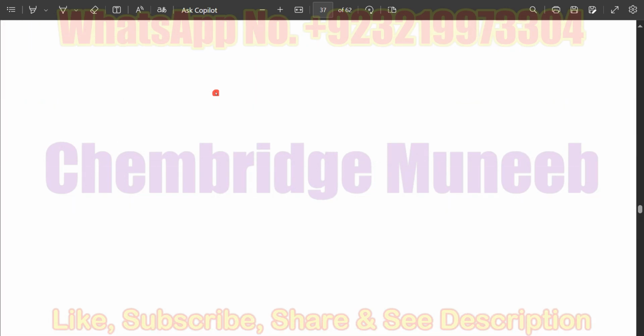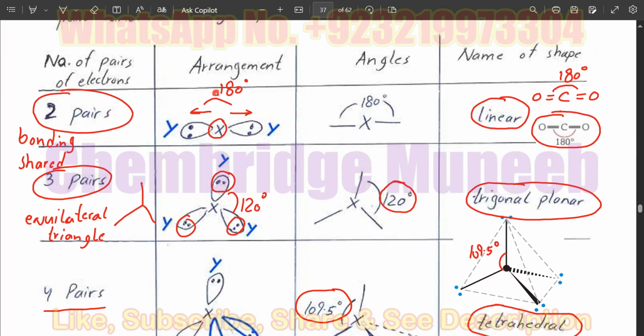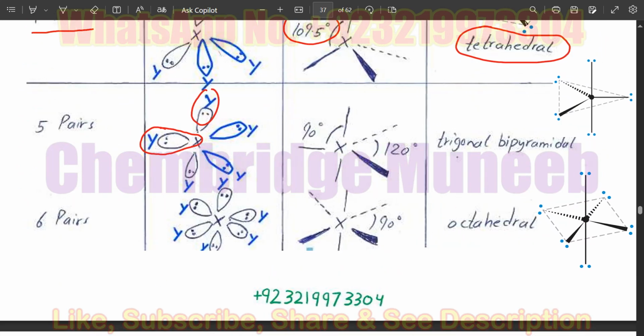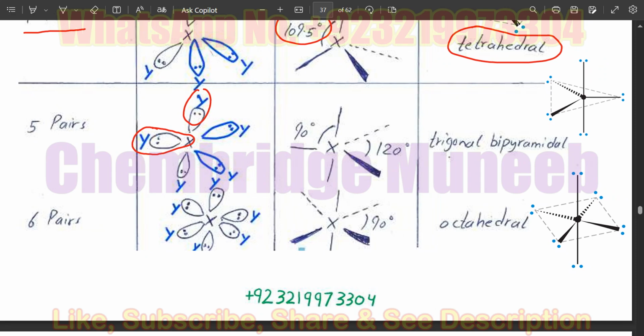Okay, now the next type is the one in which there are 5 pairs of electrons around the central atom. 5 pairs of electrons. Now in this case there are 2 types of angles. One is 90 degrees and the other one is 120 degrees. 90 degrees and 120 degrees.